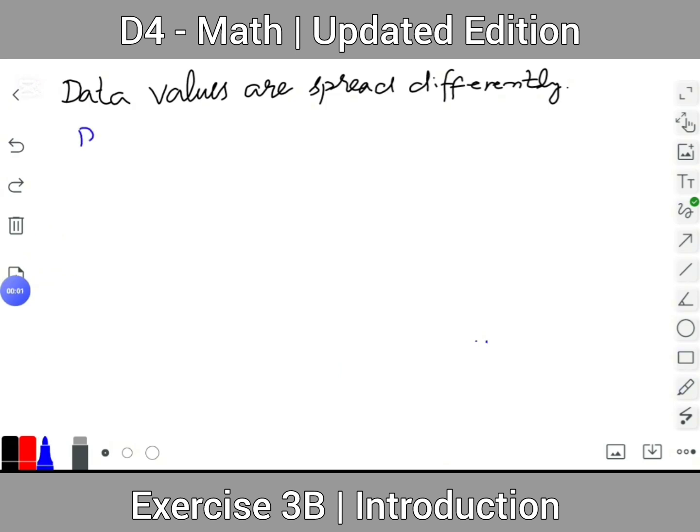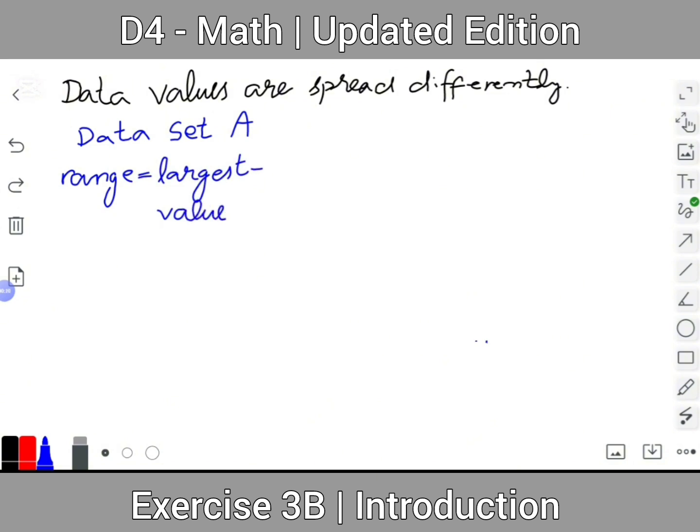For dataset A, range is equal to largest value minus smallest value. So the largest value in the data set A is 30 and the smallest value is 2. So 30 minus 2 is equal to 28.